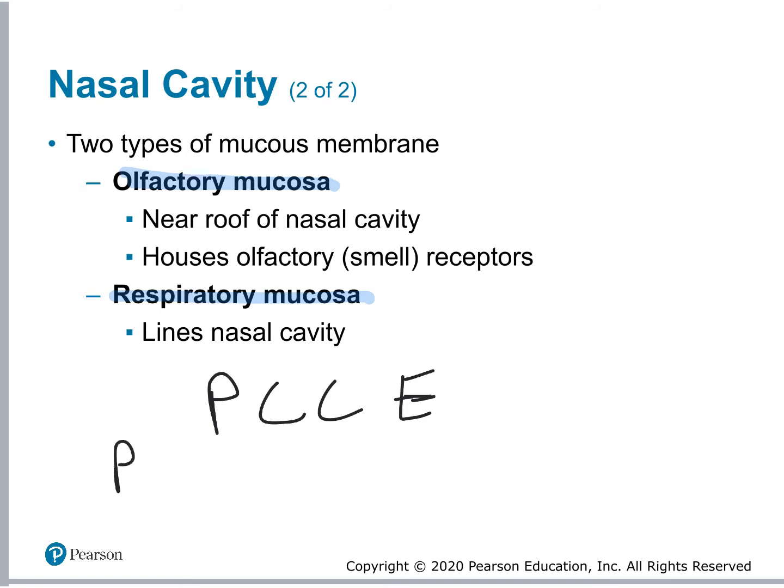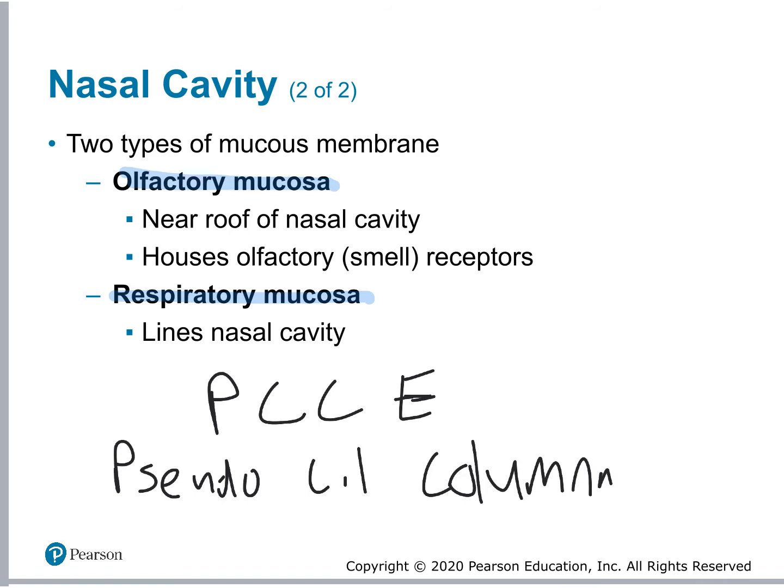It is pseudostratified ciliated columnar epithelium. We only talked about PCCE, the pseudostratified ciliated columnar epithelium, when it came to the respiratory passages. That was the only location I asked you to remember. So anytime we talk about respiratory mucosa, we're talking about the PCCE.